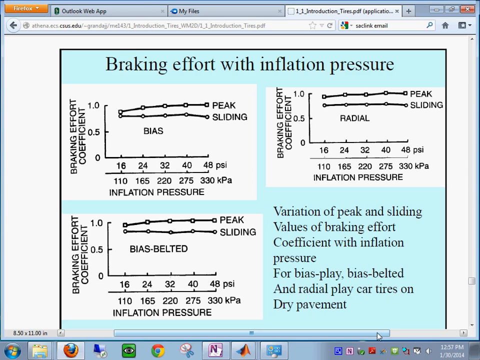My vehicles are around 35 pounds here. These are the peak and the sliding values for the braking effort. So you can see the sliding is down there, and this is the peak braking coefficient.